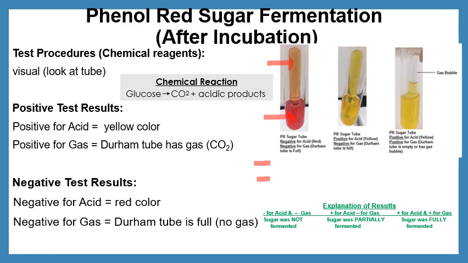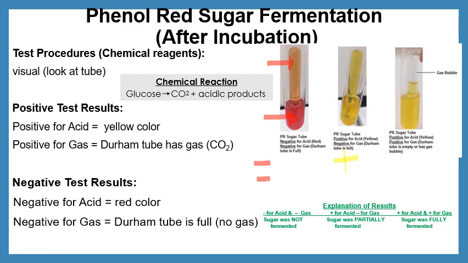So let's go to the second option. We have another phenol red test tube, and this test tube appears yellow. If the test tube is yellow, that is positive for acid. If acid is present, that phenol red indicator is going to change from red to yellow.